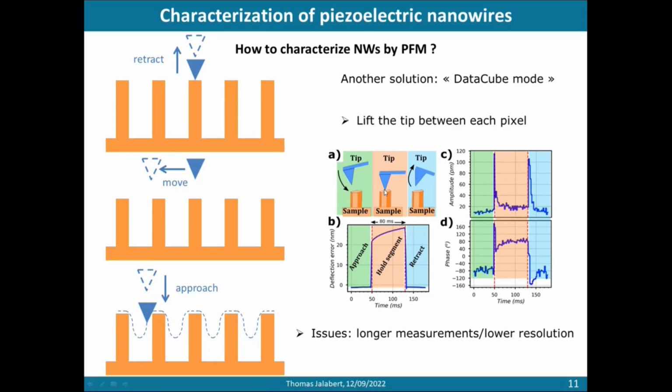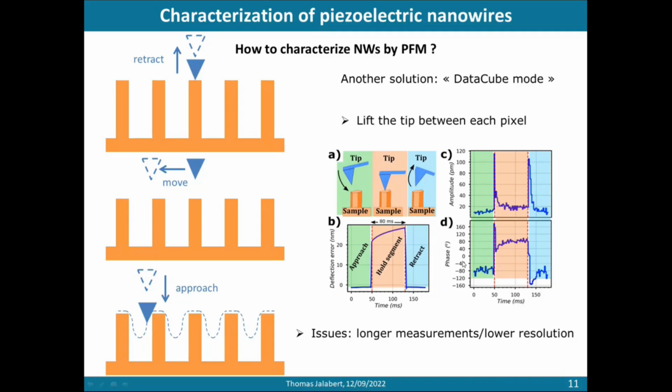We lift, we measure, and we retract. However, this requires more time than the contact mode technique, so we need to find a compromise between the resolution and the measurement time. This is the drawback of this detection mode technique.